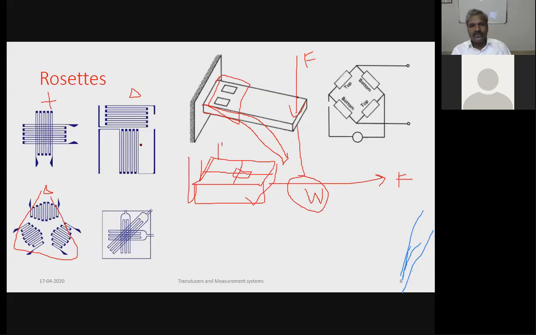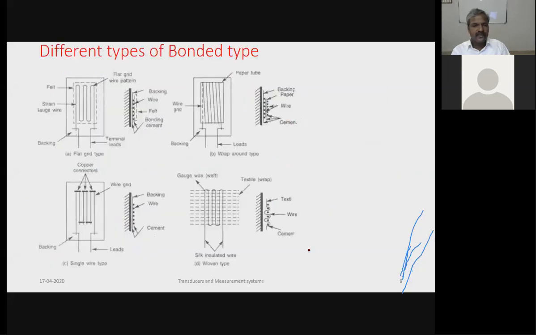What are the purpose of rosettes? Rosettes are mainly for detecting the distributive strain where the uniaxial line of action is not exist. These are all different types of bonded type strain gauges: flat grid, then paper tube type, then helical type. This is helical type, then foil type, wire type.